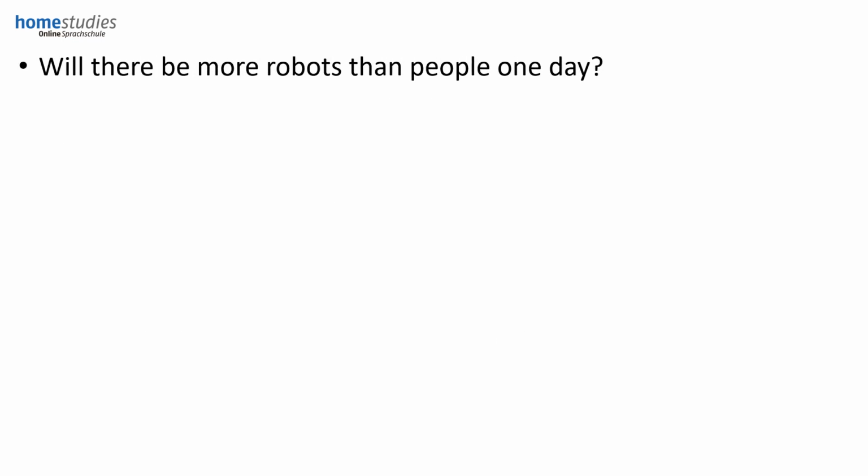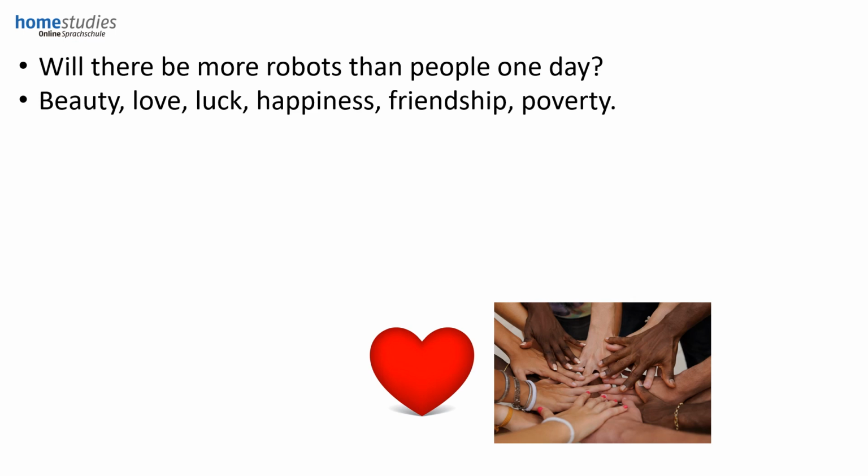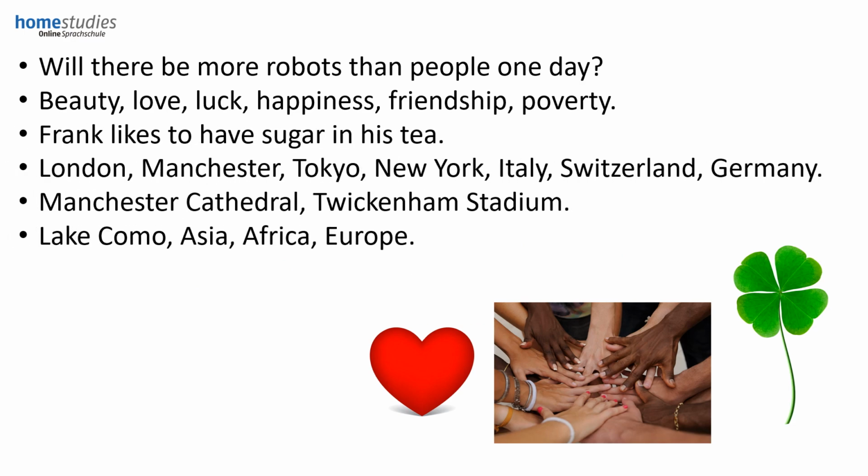Let's have a look at some examples. Will there be more robots than people one day? Those are things in general, robots, people. Now we have some abstract nouns: beauty, love, luck, happiness, friendship, poverty. Now some uncountable. Frank likes to have sugar in his tea.